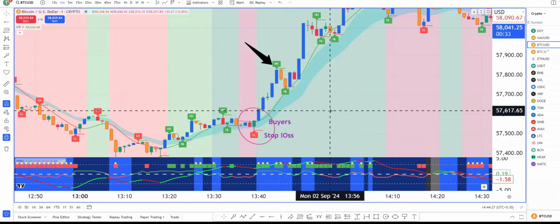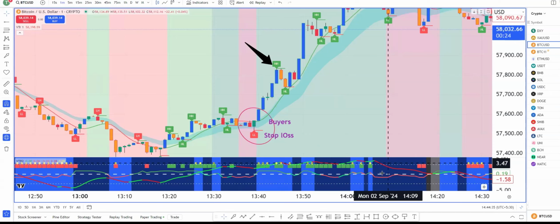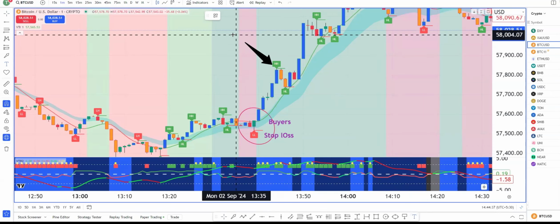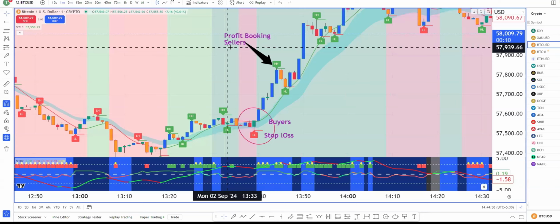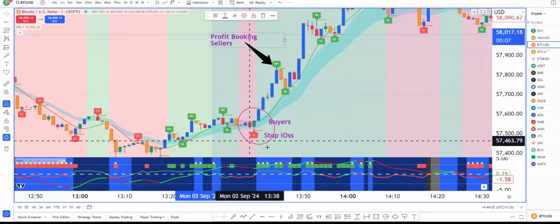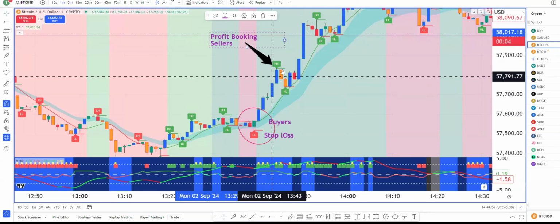Now, after a couple of minutes or a couple of days, depending on the time frame that you are working on, there will be profit booking. At the same time, there are sellers who are coming in here. Profit booking means you're selling your position. You bought the position here and you're selling your position here. When you are selling, the price is coming down.